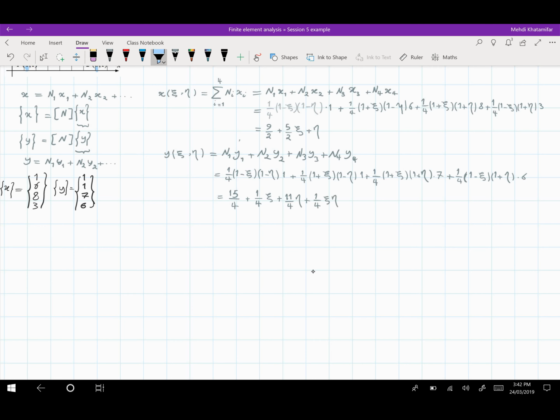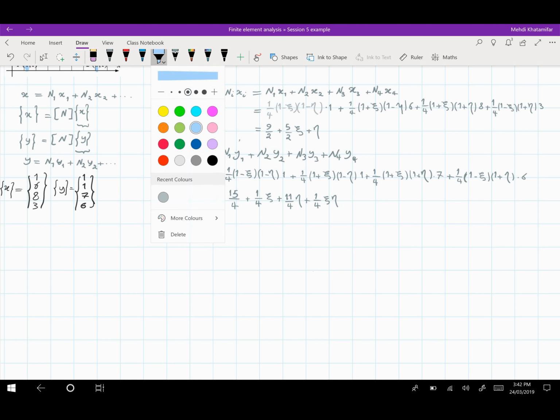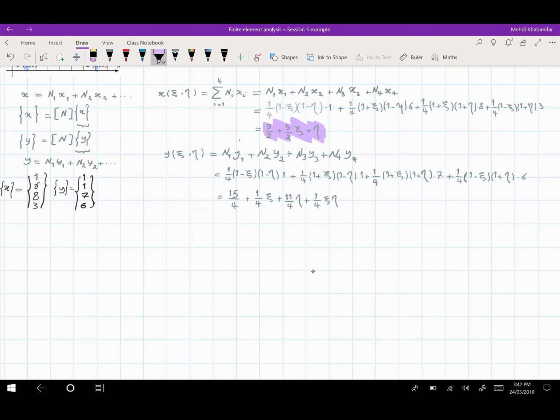So we reach these formulas for x and y, and basically our x and y directions are in terms of new normalized axes. Let's see what's the next step.